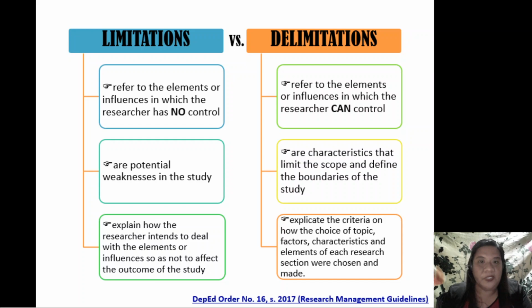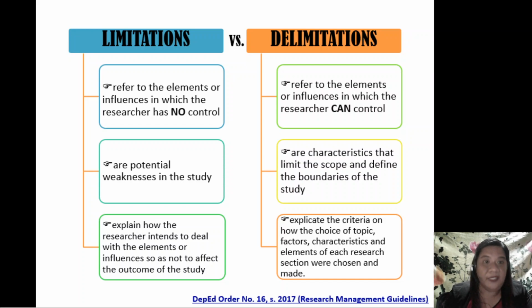The delimitations, on the other hand, refer to the elements or influences in which the researcher can control. Another point of difference is that limitations are potential weaknesses in your study. The delimitations are characteristics that limit the scope and define the boundaries of the study.